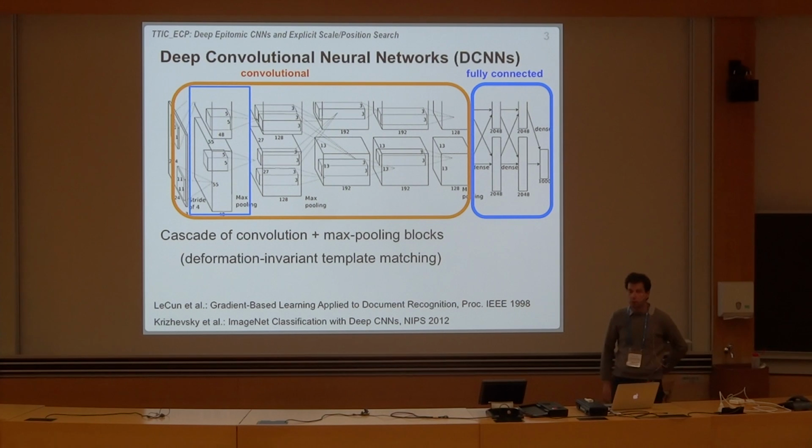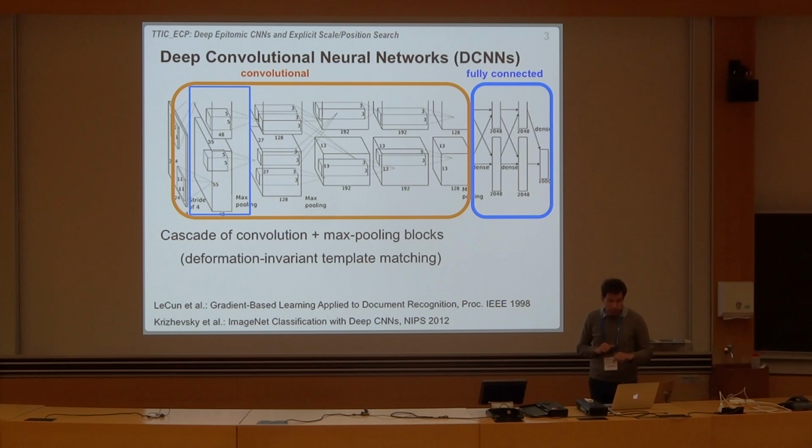To give a high-level overview of what I'll be talking about, this is showing the standard ImageNet network. As you know, it's split in a convolutional and a fully connected part. And the convolutional part is formed by a cascade of blocks which involve an alternation of convolution and max pooling. So this combination of convolution and max pooling can be understood as a translation-invariant similarity search.